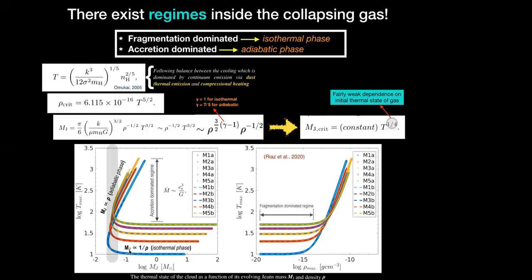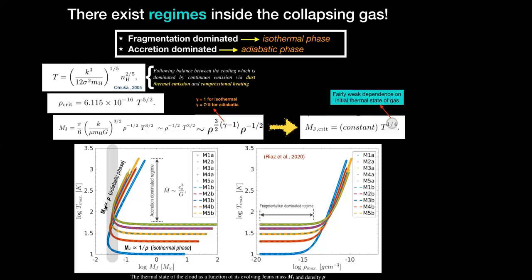So the Jeans mass drops in this isothermal phase, and when the gas enters the adiabatic collapse, the Jeans mass becomes proportional to the density, which means that as the density increases, the Jeans mass rises as well.